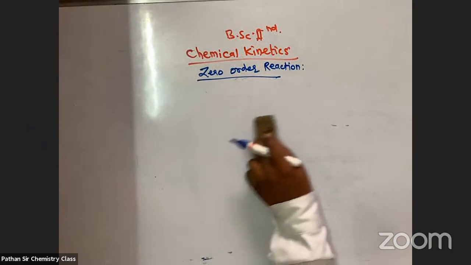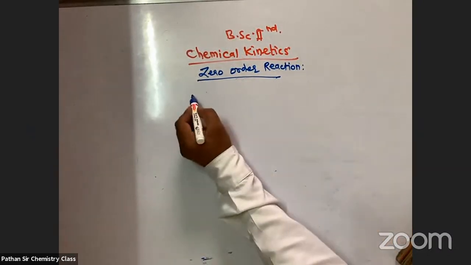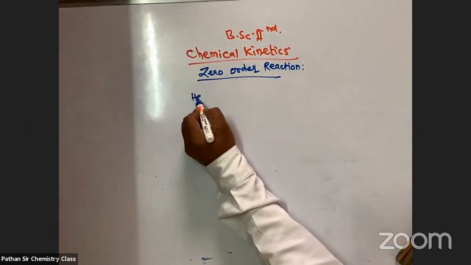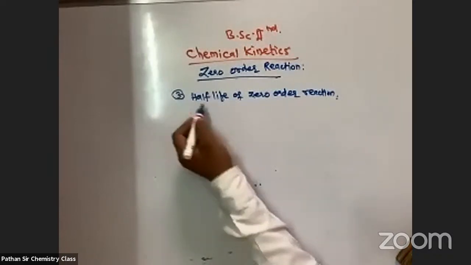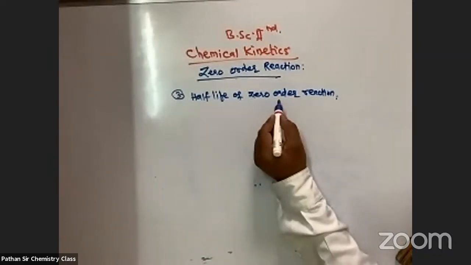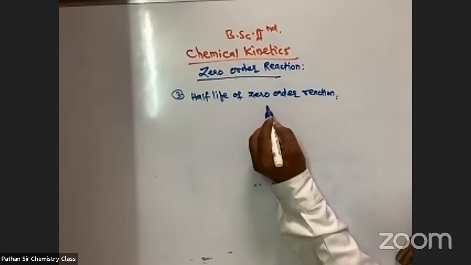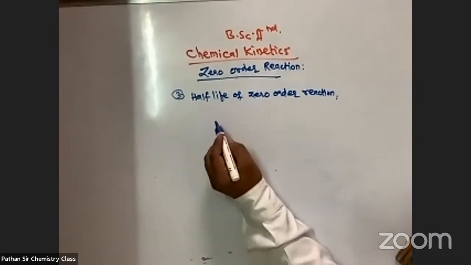Then, the third characteristic is half-life. Characteristic number 3 is the half-life of a zero order reaction. Now, what is half-life?